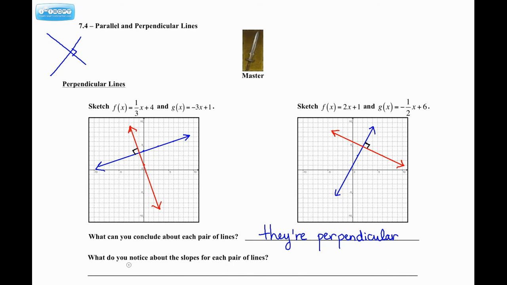So the slopes are opposite in sign, but, let's fill that in here, flipped.